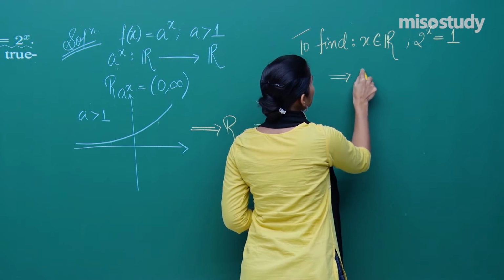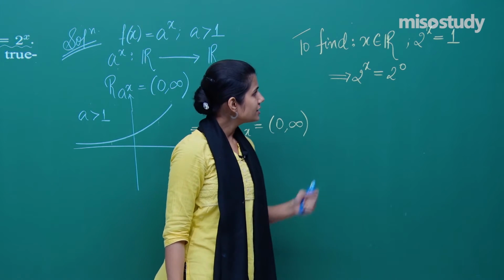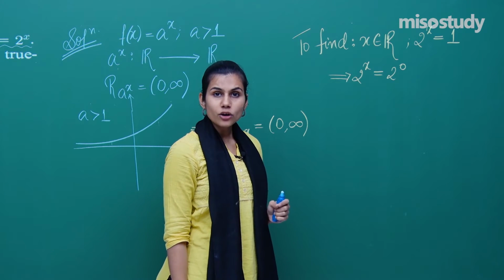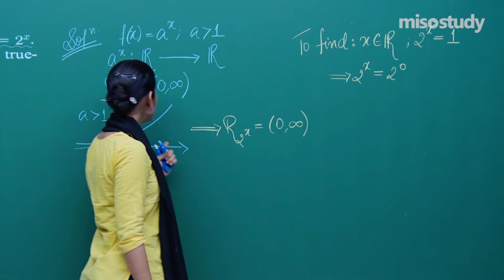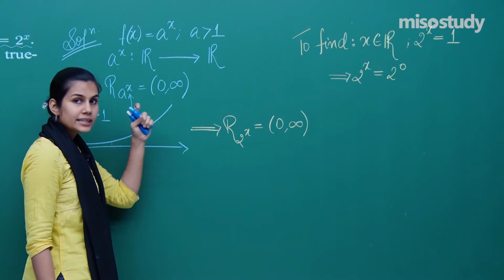This implies 2 to the power x is 2 to the power 0, because 1 is nothing but 2 to the power 0, and because, as you can see, this is a one-one function, strictly increasing.